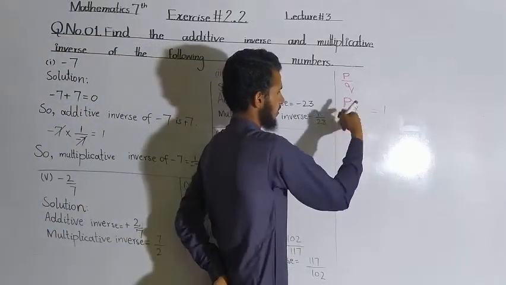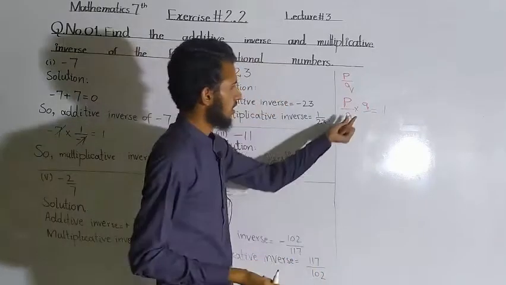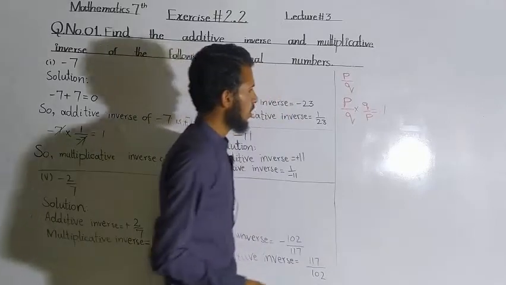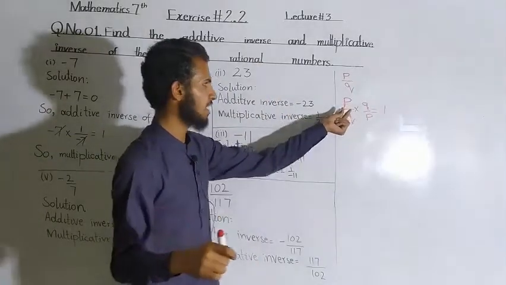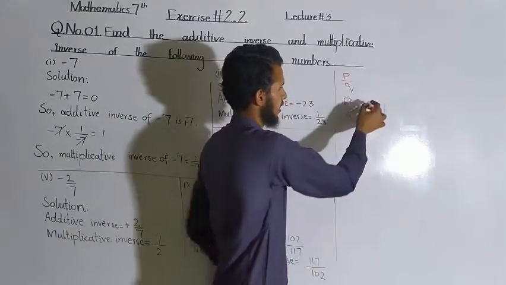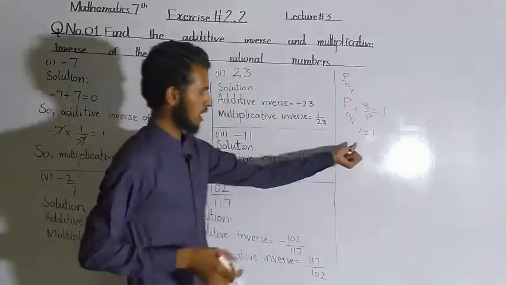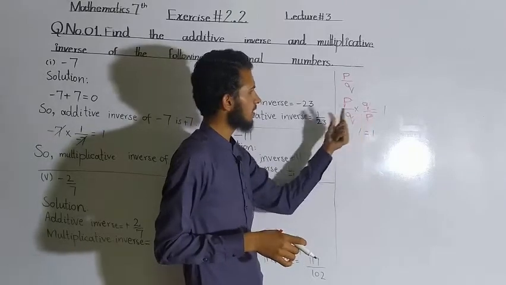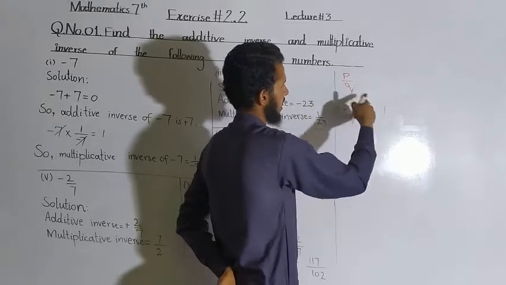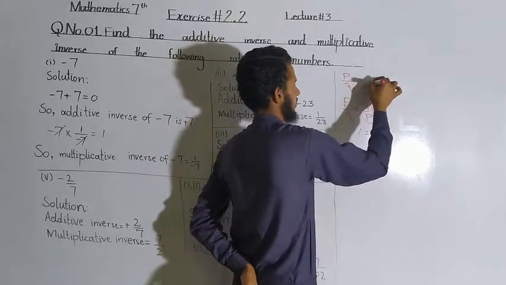When you take its reciprocal, it will be q by p. When you multiply any rational number with its reciprocal, you get the answer 1. q cancels with q, p cancels with p, and 1 times 1 is equal to 1. So the multiplicative inverse of p by q is q by p.